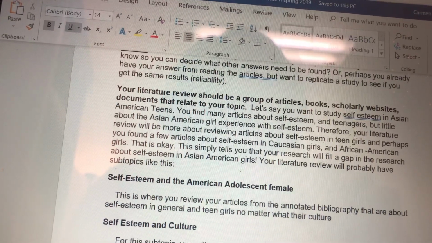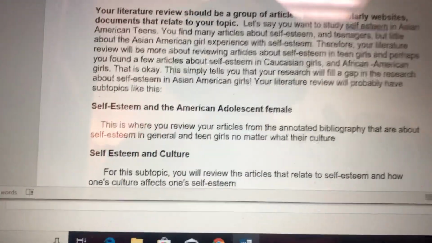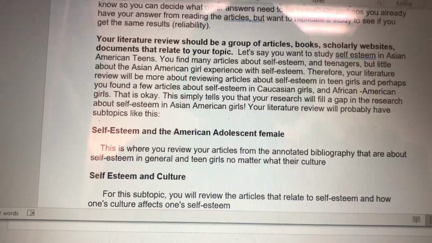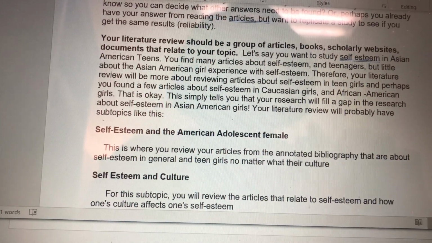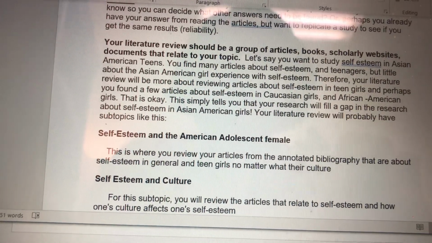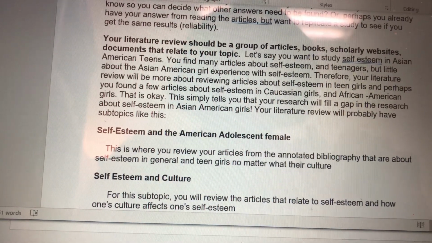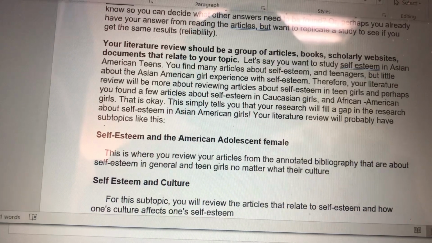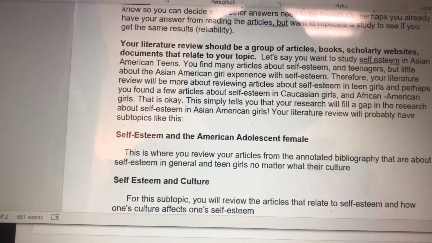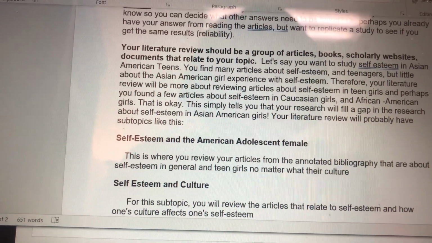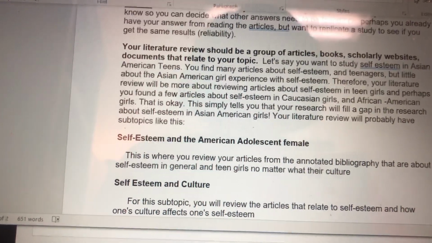And maybe there's a little blurb about self-esteem, and maybe acculturation if they have parents who have migrated here to America and they are first generation, and you might find out more information about that versus self-esteem, but maybe there's something in there about self-esteem. Anyway, what I'm saying is all your articles do not have to be specifically about your question. They need to be related.